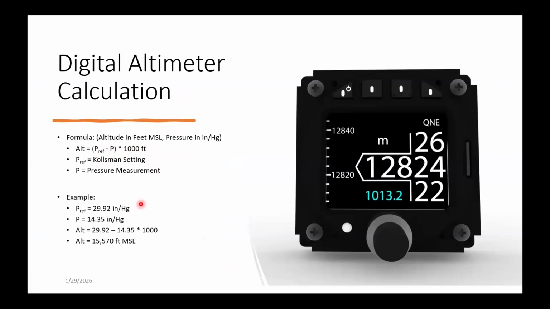And then you get a pressure. So if we had 2992 for our reference, our Kollsman setting, and we had 1435 was what was measured off of the little measurement instrument. Subtract that, multiply by 1,000, and we're sitting at 15,570 feet MSL.